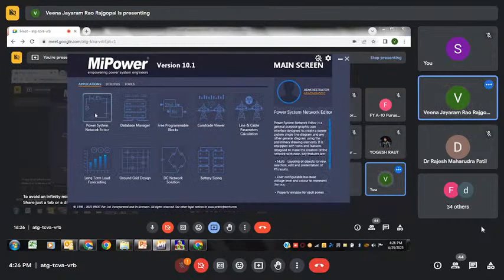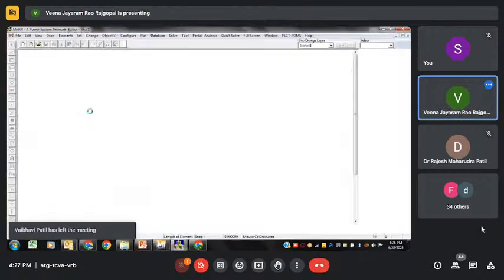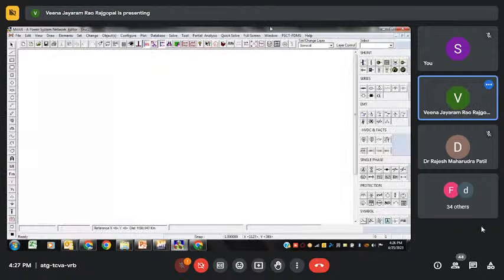Now I'll go to the power system network editor directly. Directly in the sense I'm going to open whatever samples I had shown. Here on the right hand side, you can see there are various symbols. Now I'll just draw one generator, one transformer and a load.